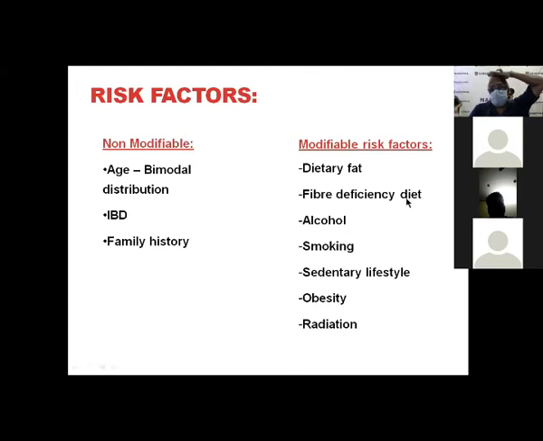Fiber deficiency. We don't traditionally have fiber deficiency, but because of the incoming junk foods and other things, the fiber content of our food has come down. If you are originally taking a wheat and rice-based diet, along with a lot of vegetables and fruits, you do not have this problem.